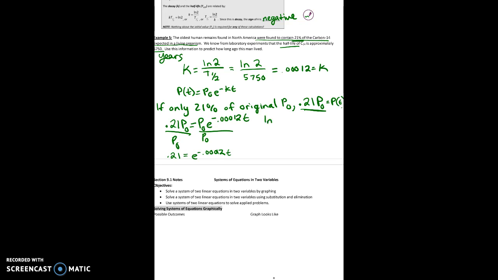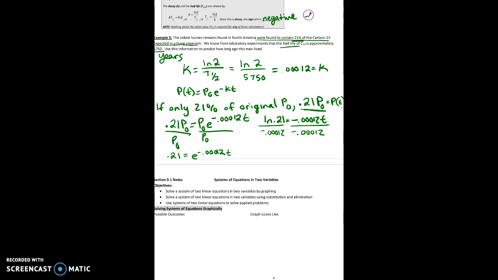So ln of 0.21 equals negative 0.00012 t. And that's times the natural log of e. And you know what happens with the natural log of e. It equals 1. So I just don't even write it, mostly because I'm lazy. And we divide both sides by negative 0.00012.